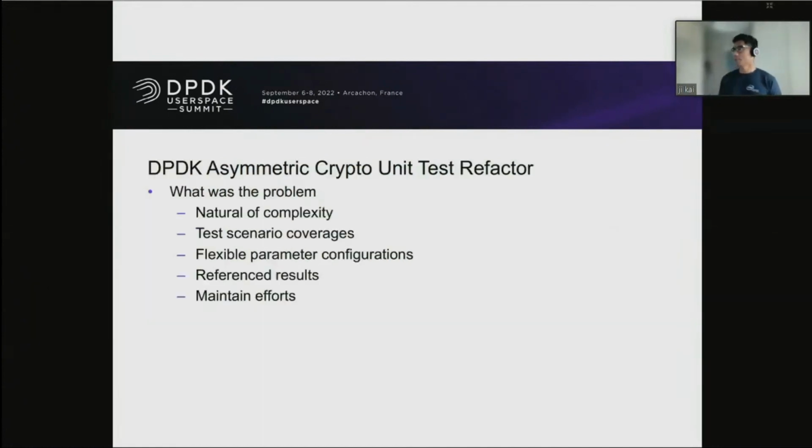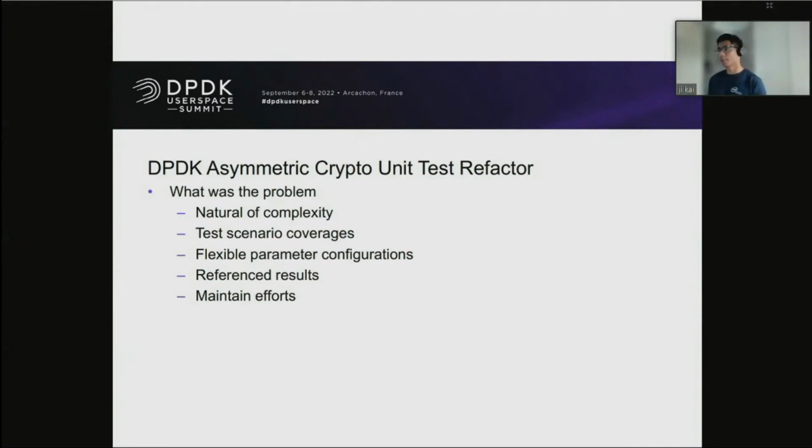Okay, so what were the problems in the asymmetric crypto unit test app? What are we facing? Currently there are 5 unit test suites supported in DPDK test: OpenSSL, QAT, CN10K, etc. By the nature of asymmetric crypto, it's very complex. We have to cover a lot of different scenarios.